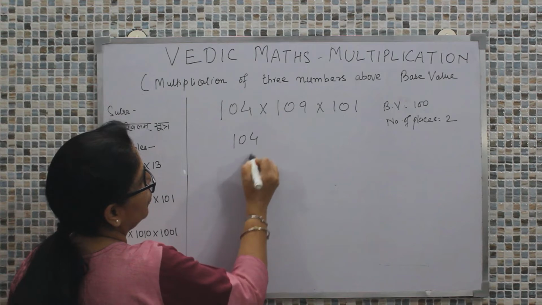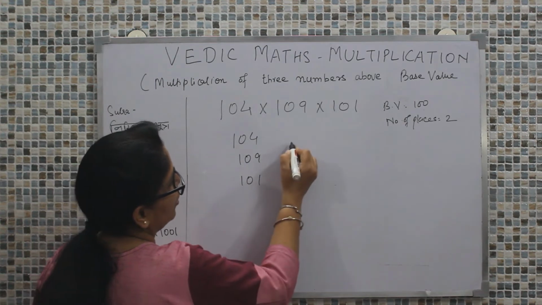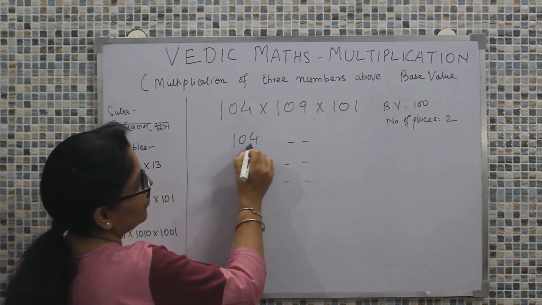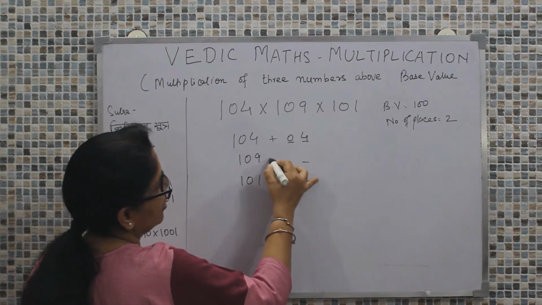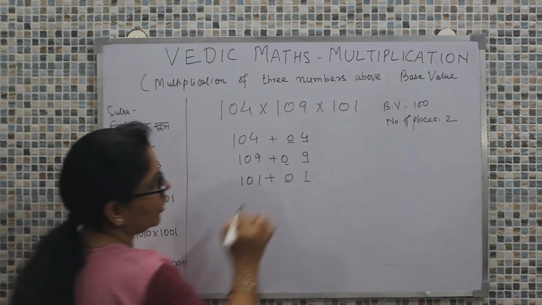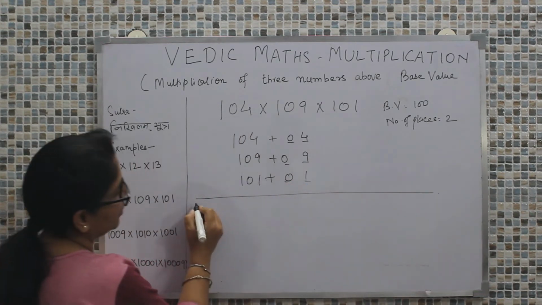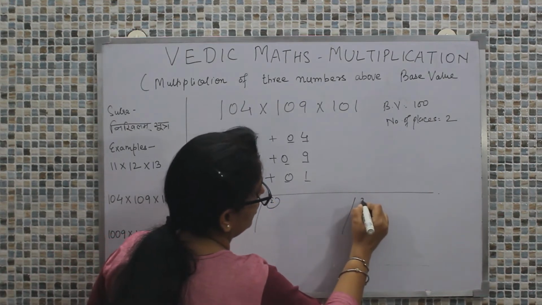Now we write 104, 109 and 101. Here we should have 2 places. Comparing 104 with 100, it is 4 excess. This is 9 excess and this is 1 excess. Now let's compute the three components, the first, the second and the third.